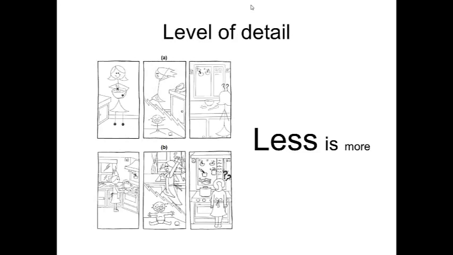What they did was they drew a number of alternative storyboards, showed them to various users, and got the users to feed back their interpretation of that storyboard. So they tried detailed storyboards with lots of extraneous information versus simple storyboards. And perhaps unsurprisingly, the simple diagrams tended to communicate better than the complex diagrams.